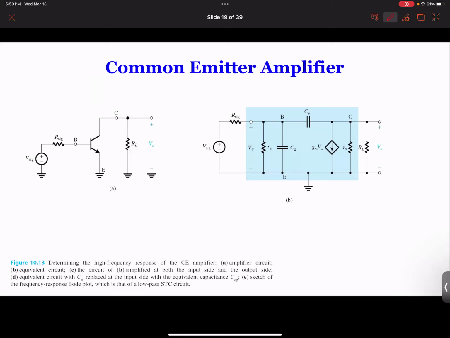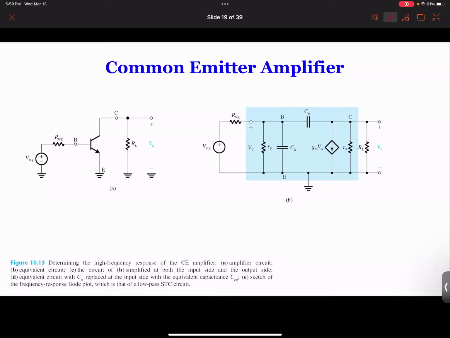When R pi is added, the current IB on the input side is slightly different than what we had for the MOSFET. The MOSFET does not have R pi. But since R pi and C pi are in parallel, it does not make it too much more complicated, just some really simple derivations.